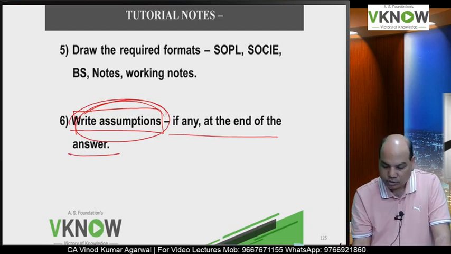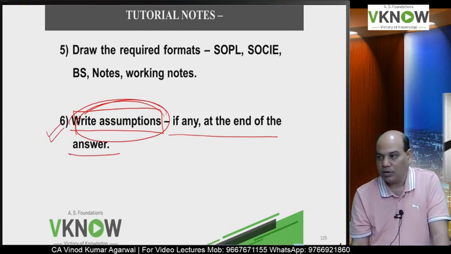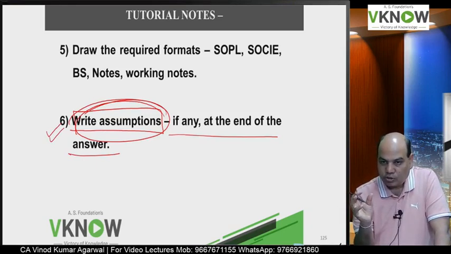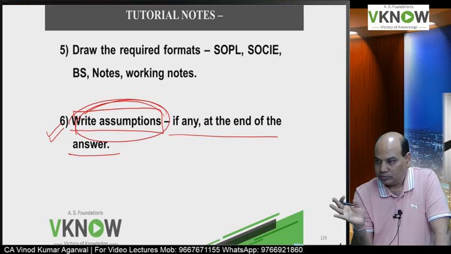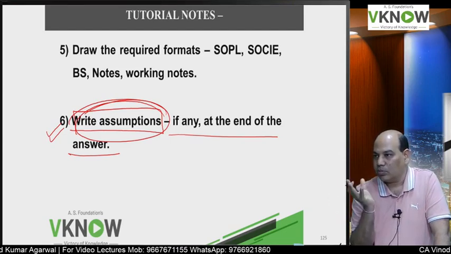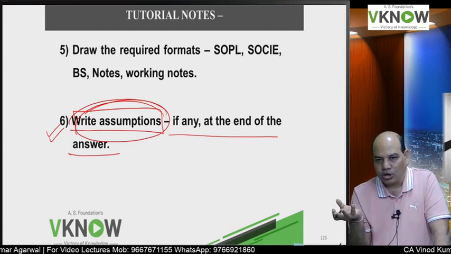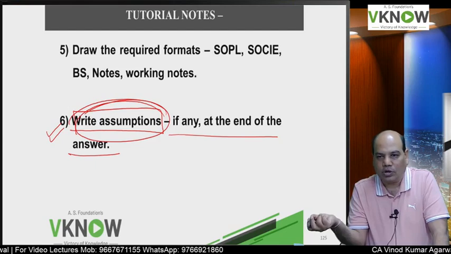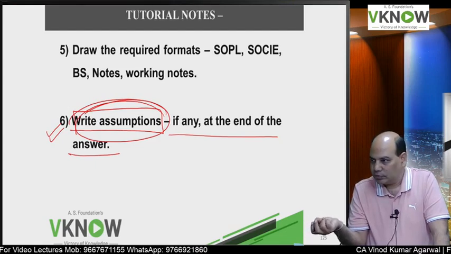So if you write the assumption, the examiner will understand that you have made your answer based on this assumption. Like for example, only loan is appearing in the problem. It can be current or it can be non-current. So write down, we have assumed loan as current or non-current. Understood?